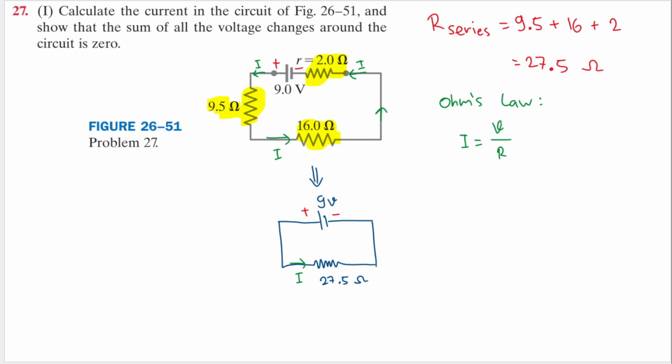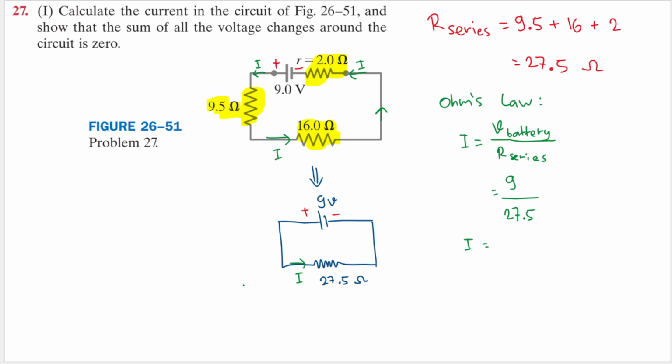The voltage of what? The voltage of the battery. And then the resistance of what? The series resistance, right? So I'll have R series like this. The voltage of the battery is 9 volt, and then the series replacement of the resistor is 27.5.